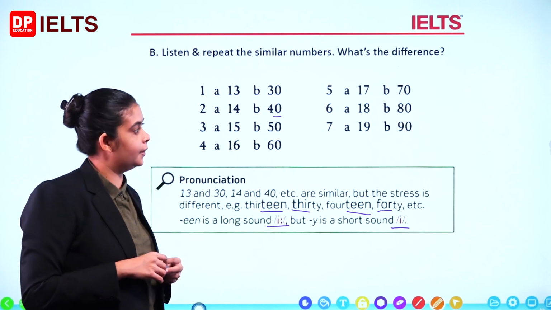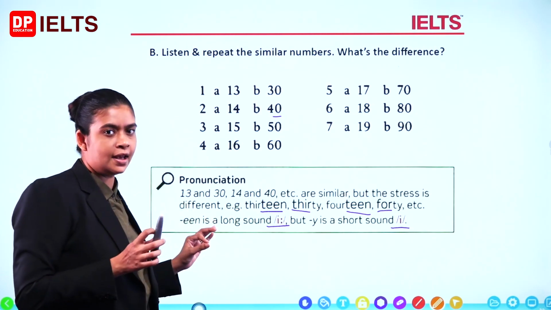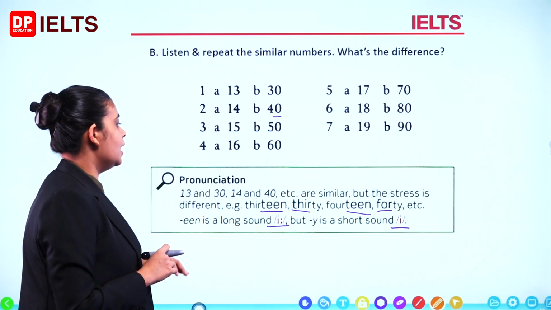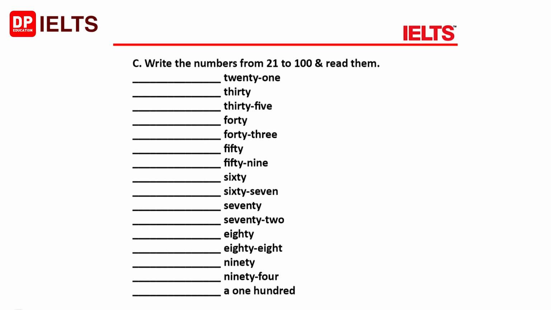Okay, so you have understood that there is a longer sound and a shorter sound, and they sound quite similar. All right, so let's have a look at the next activity.